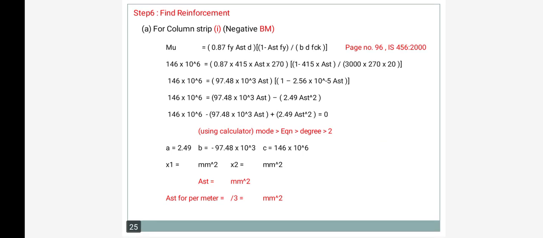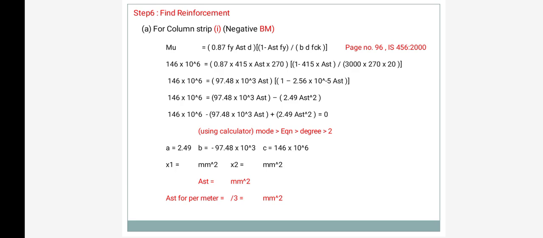Then finally find out the reinforcement, positive and negative reinforcement. For positive reinforcement, refer Ast, area of steel in tension reinforcement. Refer IS 456 2000, page number 96. Formula: Mu is equal to 0.87 fy Ast d into 1 minus fy Ast divided by b d fck.